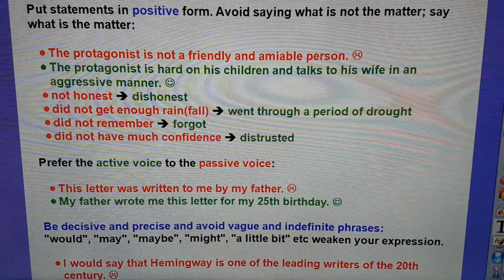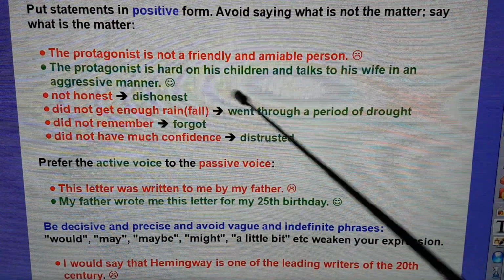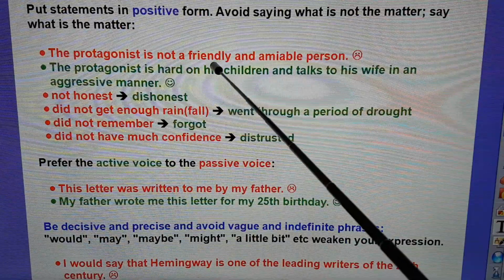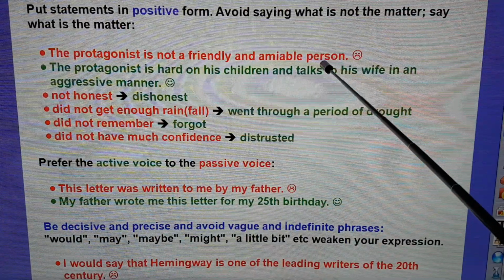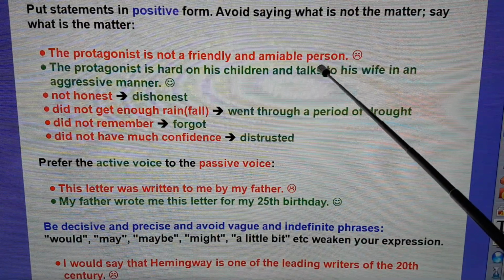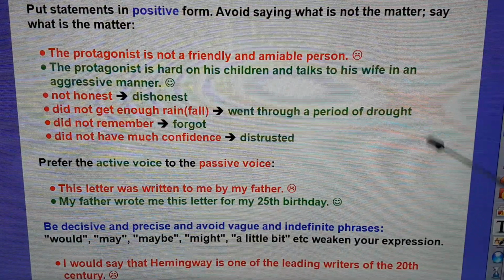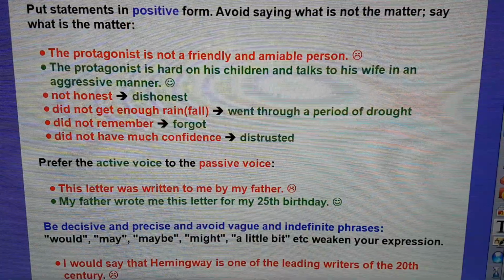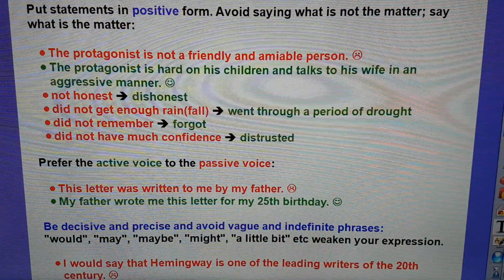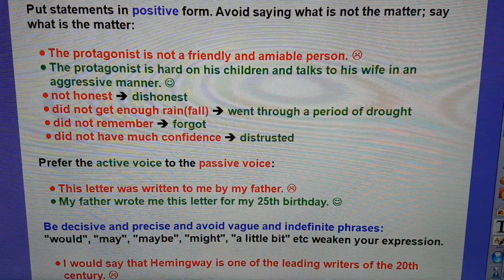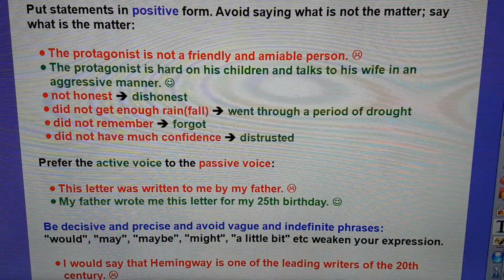So, again, I've brought you examples. The protagonist is not a friendly and amiable person. Okay, but that doesn't tell the reader how exactly he is an unfriendly person.